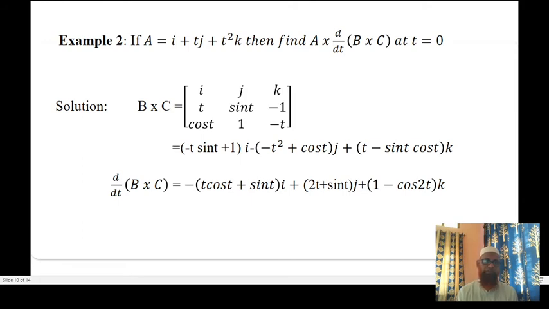So d by dt of b cross c, if you differentiate, using the uv form: t sin t gives cos t plus sin t, t is 1, into i, minus (2t plus sin t) j plus, t is 1, (1 minus cos 2t) k.